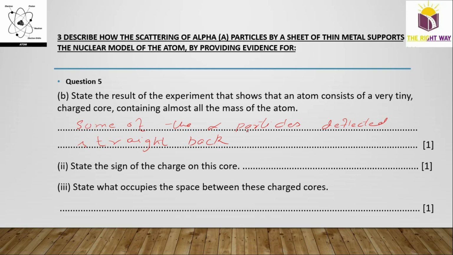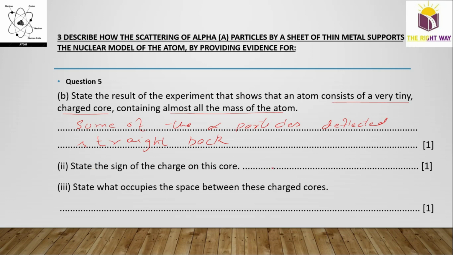Some of the alpha particles deflected straight back. It showed that almost all the mass of the atom is present at the very tiny charged core. That's why alpha particles deflected straight back.